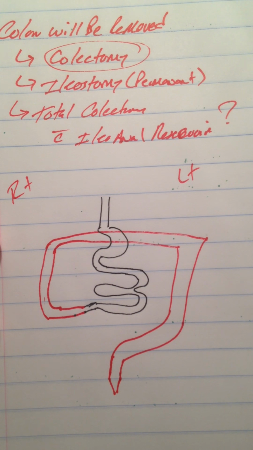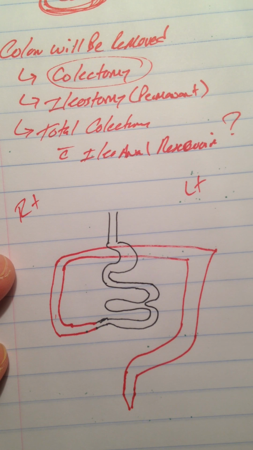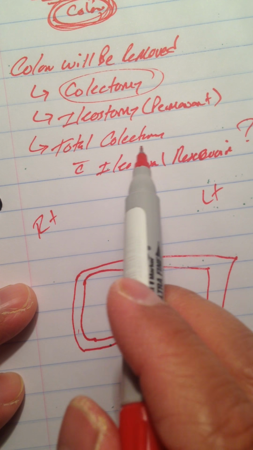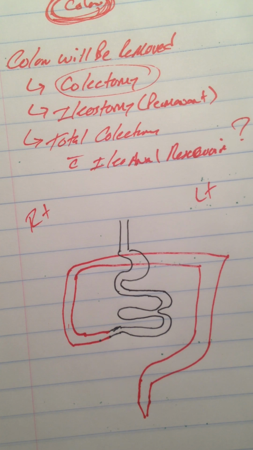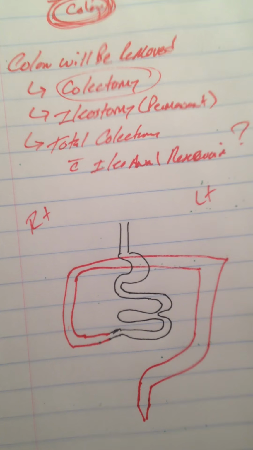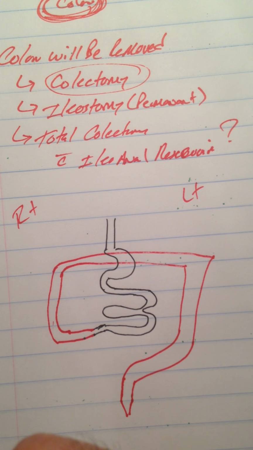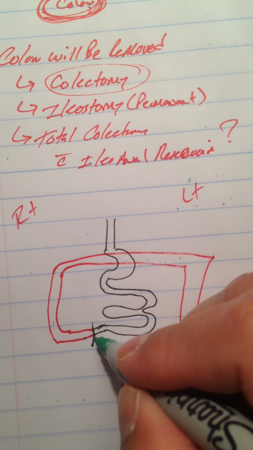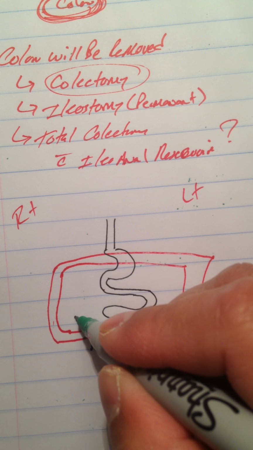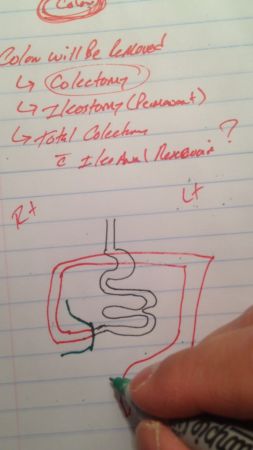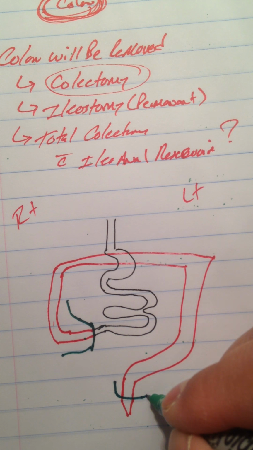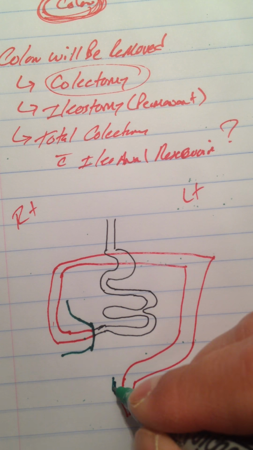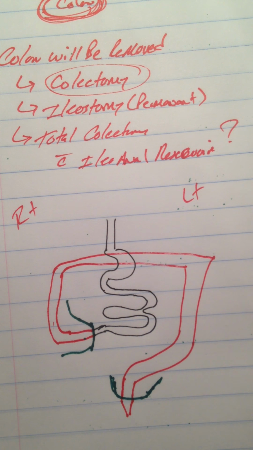So in an ileoanal reservoir with total colectomy, this entire portion, let me switch things around here. This entire portion of bowel, large bowel or colon, is going to be chopped off. This, of course, will be done by the surgeon.